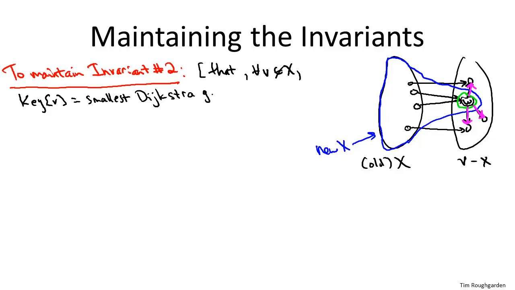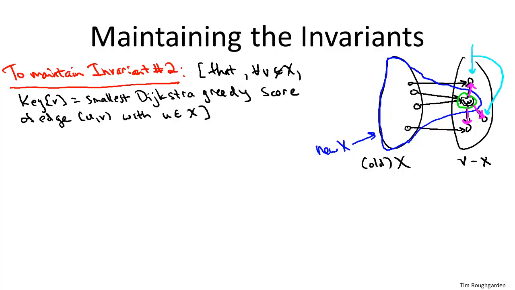As a result, the appropriate key value for vertices in the heap might be smaller now that W has been moved into X. And the candidates for the vertices in the heap whose keys might have dropped are precisely those vertices on the other end of edges sticking out of W. So summarizing, adding a new vertex to capital X and extracting something from the heap has potentially increased the number of crossing edges across the frontier, and therefore for vertices that remain in the heap, the smallest greedy score of an edge that sticks into them from the set X might have dropped.